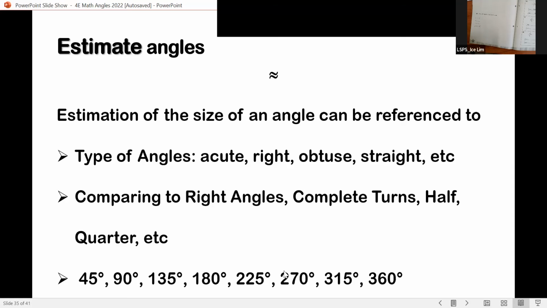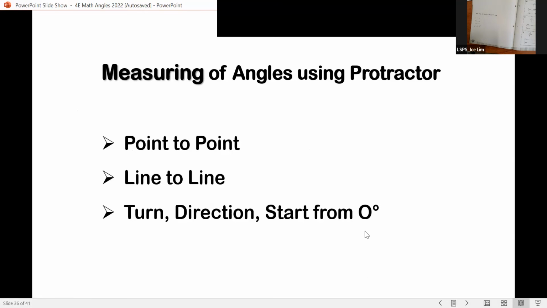Now we'll talk more about these angles in a very short while. Let's go through again the quick tips. Like the day before Tuesday, that means Monday night, those of you who have your math journal, this is the time that you flip the journal for all these summary points.